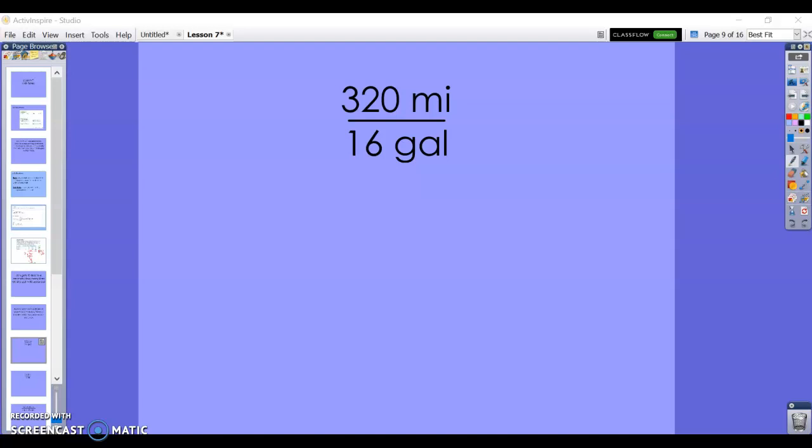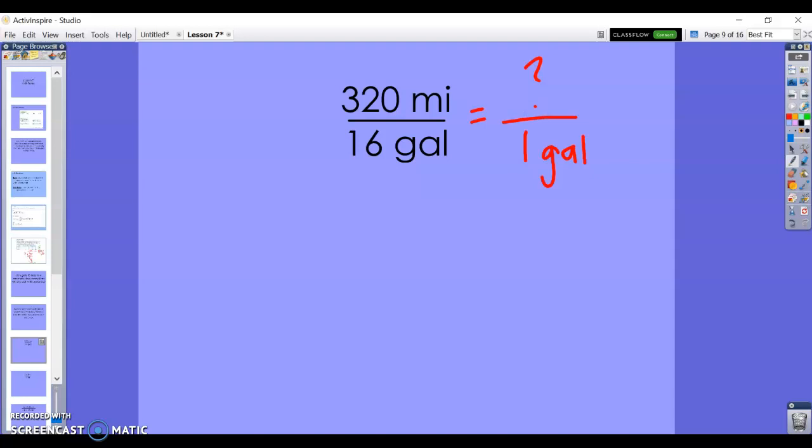So this example is there are 320 miles per 16 gallons of gas. I want to know how far can I go with 1 gallon of gas. So I want to know, for 1 gallon of gas, how many miles will I be able to go?